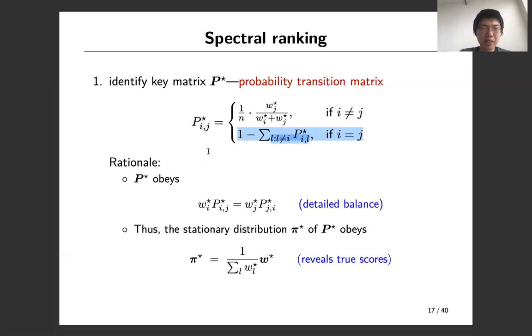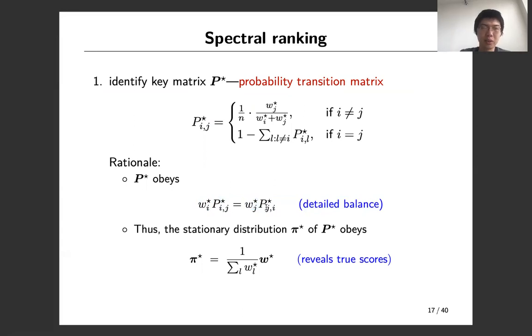The rationale behind this construction of the P star matrix is as follows. First, P star, as a probability transition matrix, satisfies a condition called the detailed balance condition. It just means that there exists a vector W star such that the ith entry of W star times P star ij is equal to W star j times the P star ji entry.